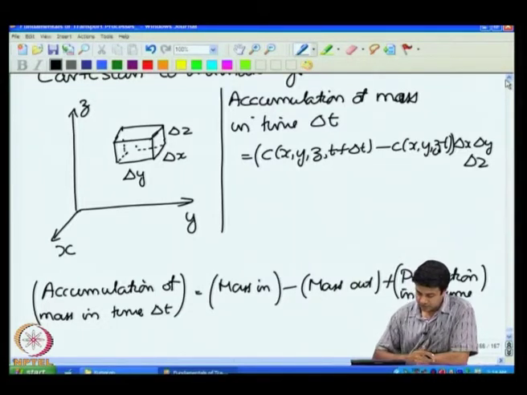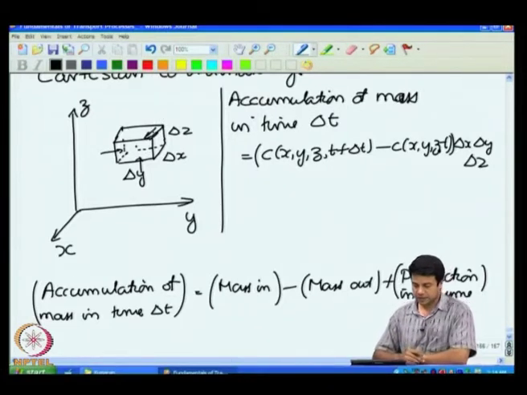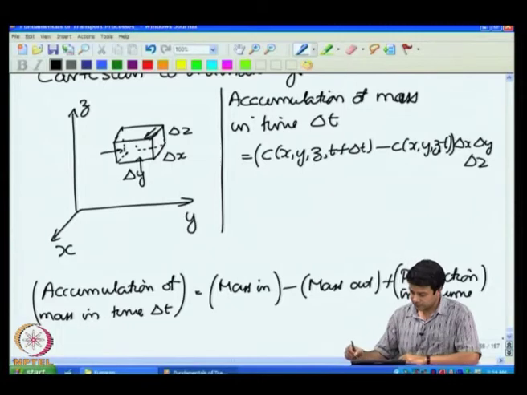So, therefore, there is a flux in at each of these surfaces, and at the back surface. At the back surface there is also a flux in.